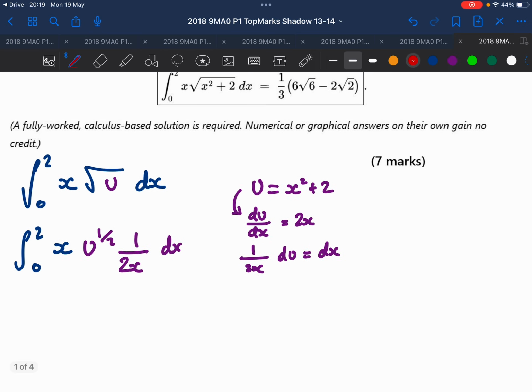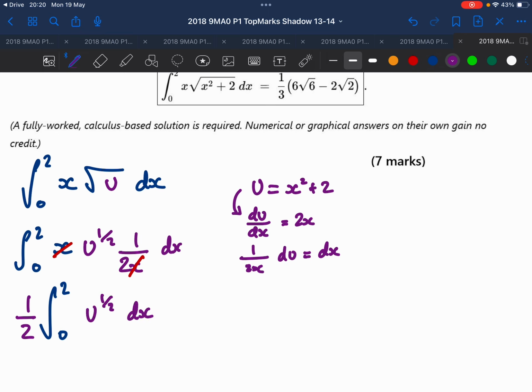And we notice that we can do some cancellation. Okay, so what should we do? We've got a u to the half, we've got a half there. I think we should jump ahead now and say that this is the same as a half, 2 to the 0, u to the half du.